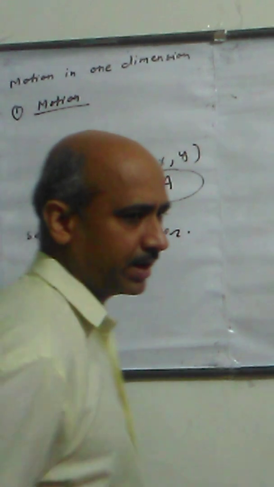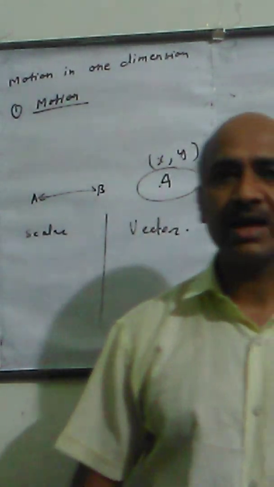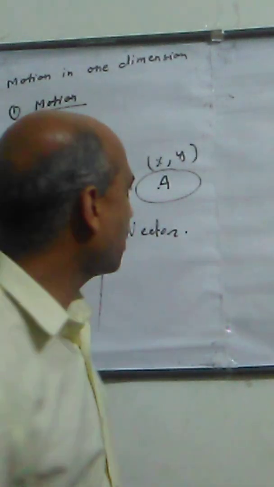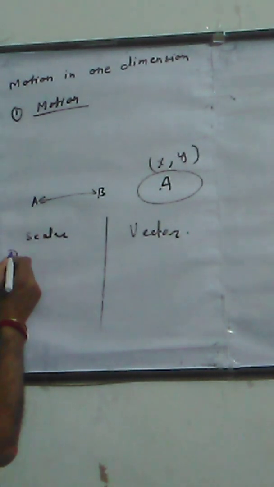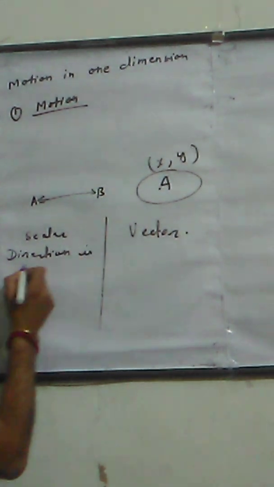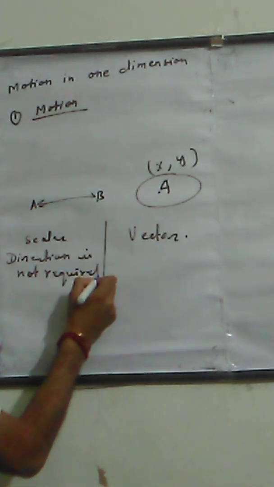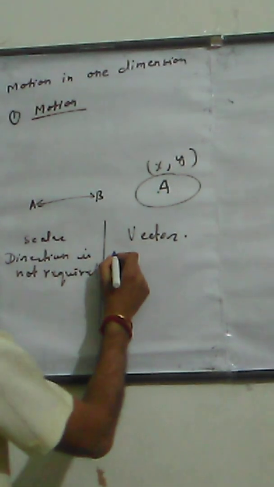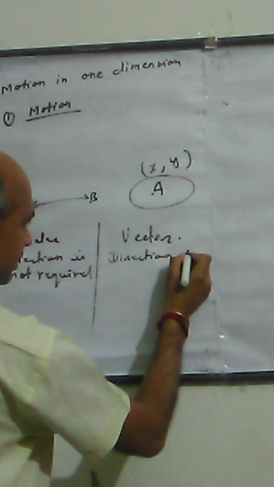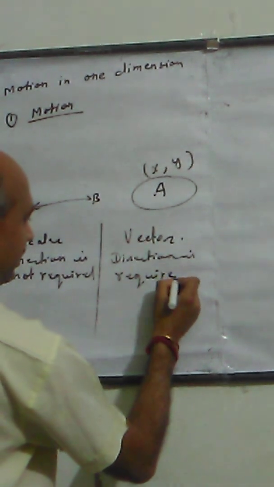Scalar quantities are those where direction is not required. But if I talk about vector quantities, here direction is required. In vector quantities, direction is required.